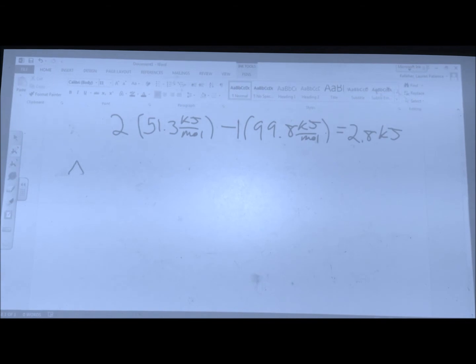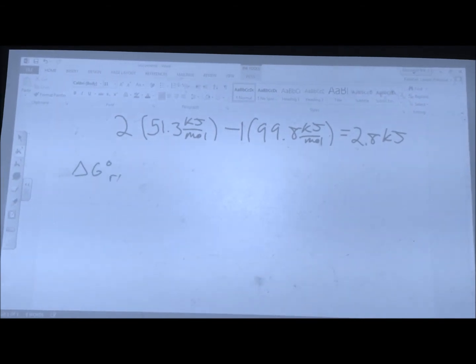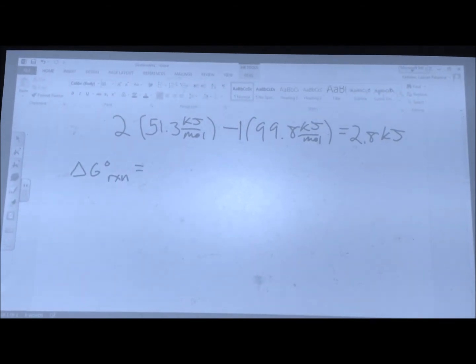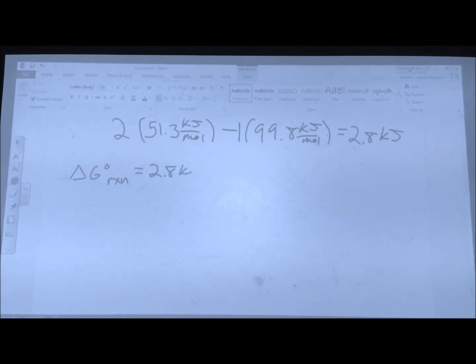So we've already found the delta G of the reaction at standard conditions, which is 2.8 kilojoules.